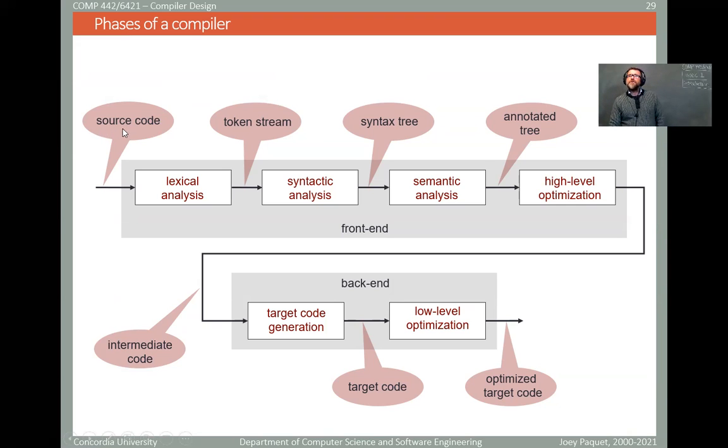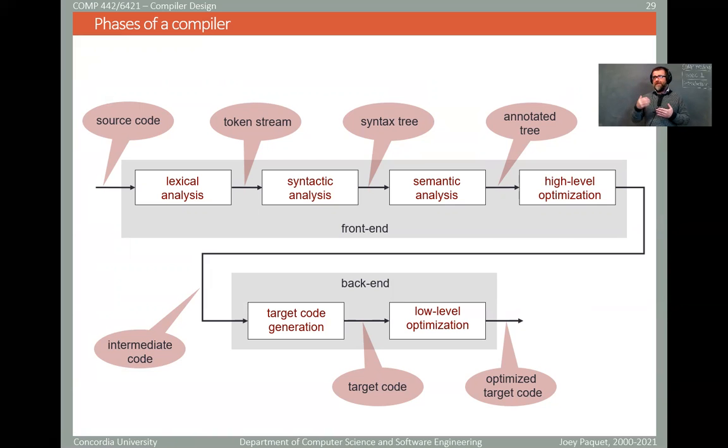So source code comes in, it's a sequence of characters. First thing you need to do, you have a sequence of characters. What you want to do is analyze what's the meaning of the sequence of characters. Normally in the language, the building blocks, for example, are words. When I'm talking, I'm not giving a sequence of characters, I'm using words.